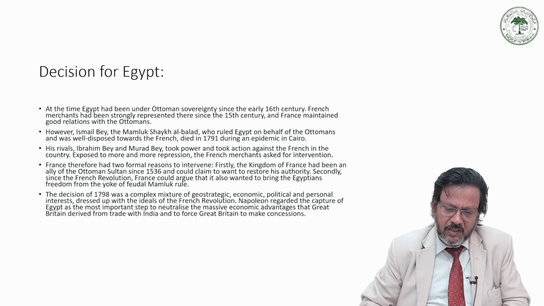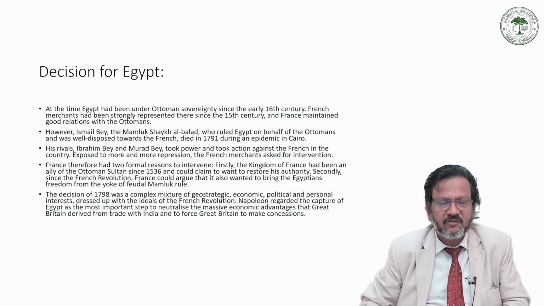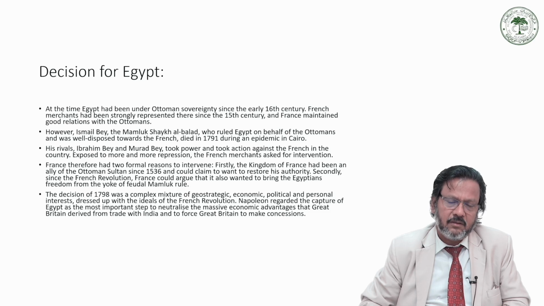But Ismail Bey, the Mamluk Sheikh al-Balad, who ruled Egypt on behalf of the Ottomans and was well disposed toward the French, died in 1791 during an epidemic in Cairo. So until that moment, everything was okay.